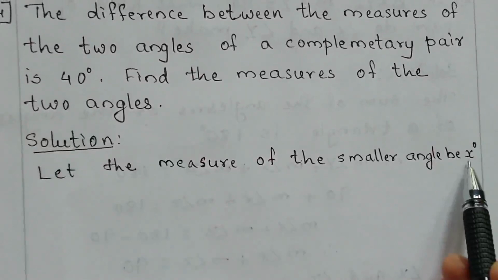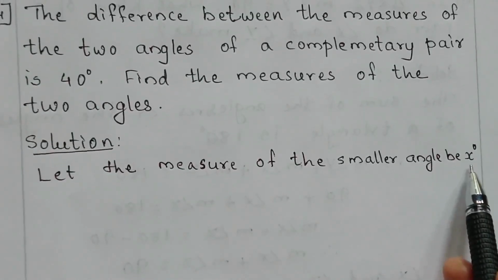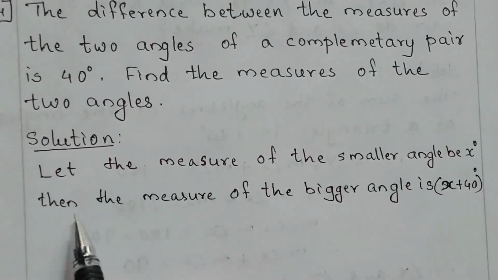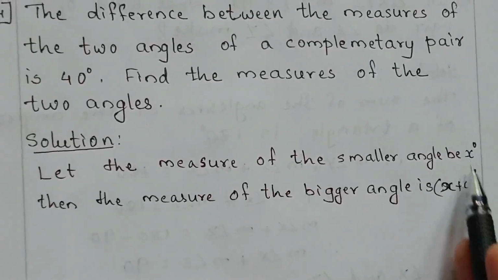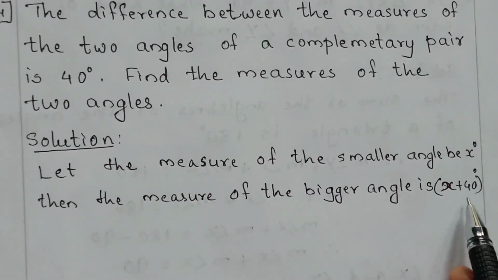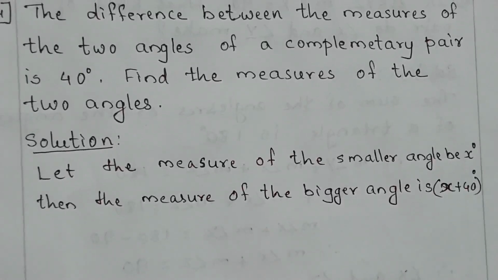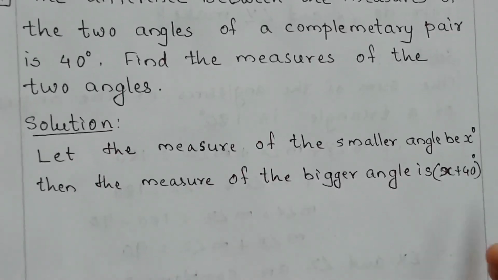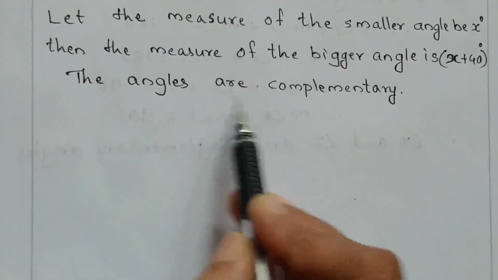So if one angle is x, what will be the other angle? It will be x plus 40 because the difference is 40. Then the measure of the bigger angle is x plus 40 because the difference between the two angles is 40 degree. Now the next thing that is given is they are complementary angles. The two angles are complementary.